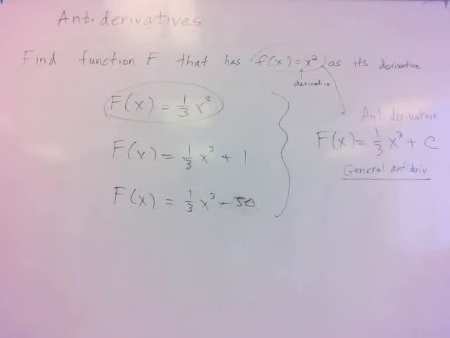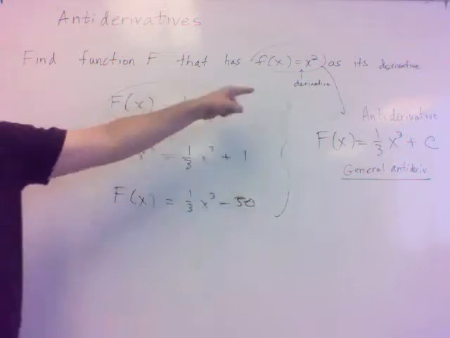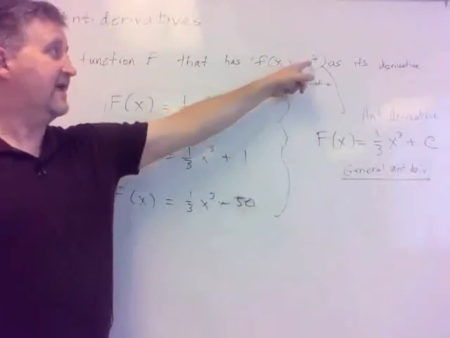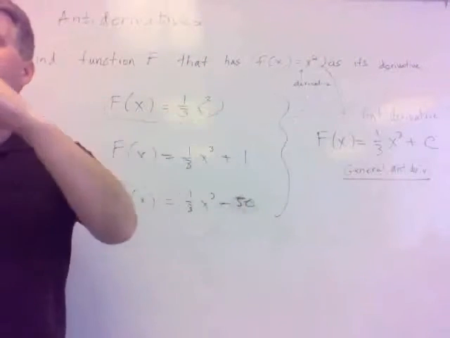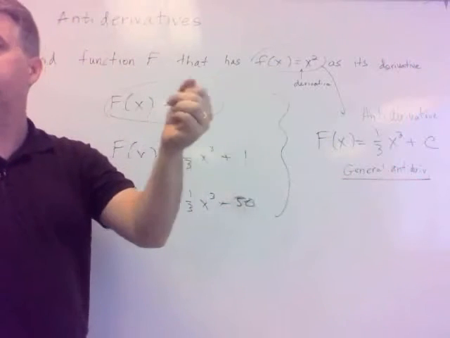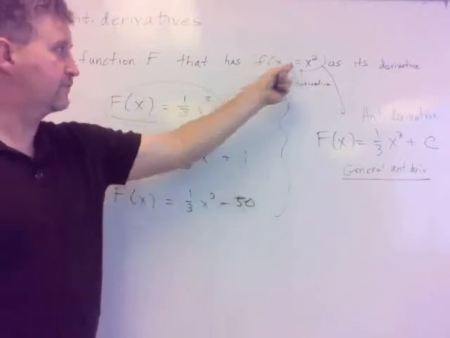Now, what happened when we did this? When I did get the antiderivative, let's notice the pattern here. I mentioned one thing about it, and that was I had to increase by 1. Whereas with derivatives you subtract 1, with antiderivatives you're going to have to add 1 to the power. You with me? We added 1 to the power.